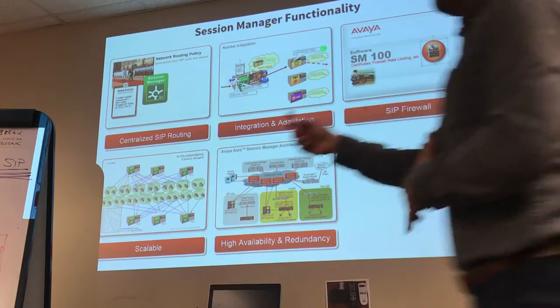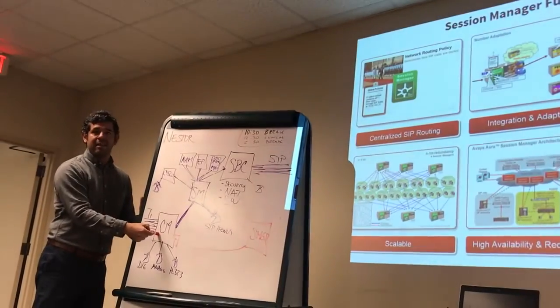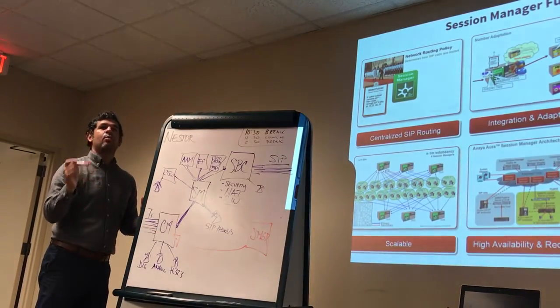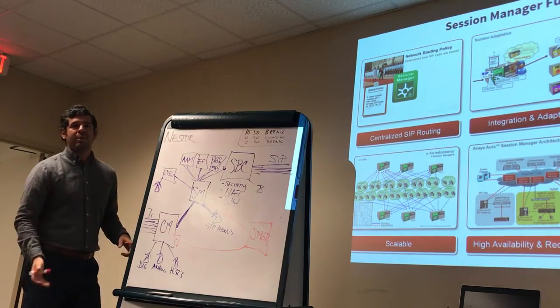Remember that the Avaya phones register with session manager and grab features from CM. So in the branch, if the branch loses connectivity with the main data center, where your main session manager and main CM is, then they register with the branch session manager and grab features from the LSP or ESS.